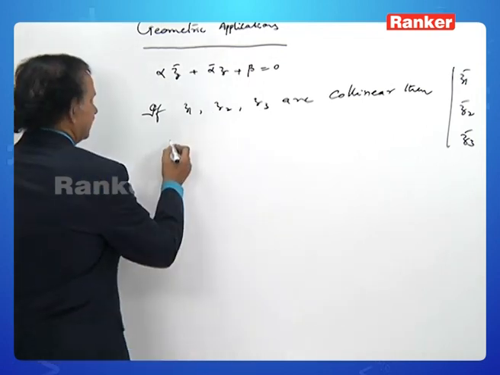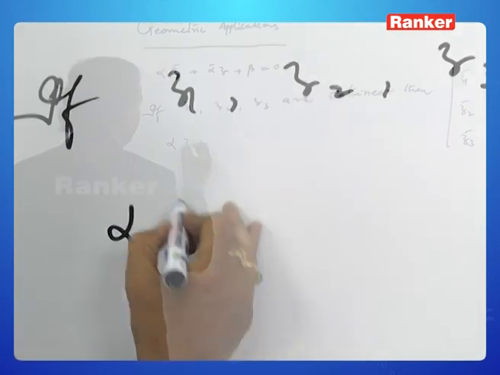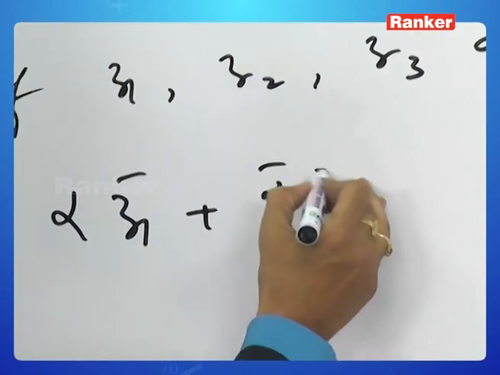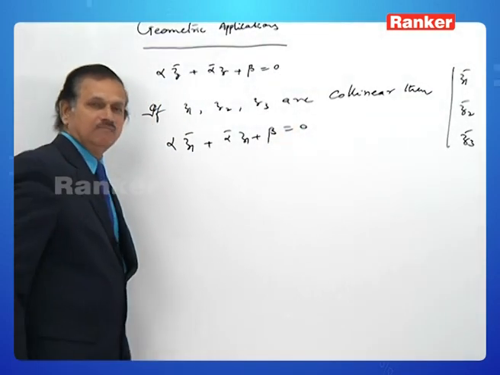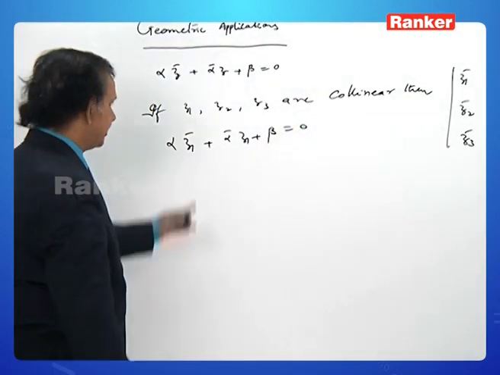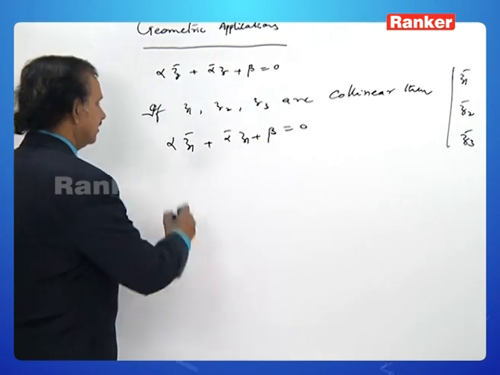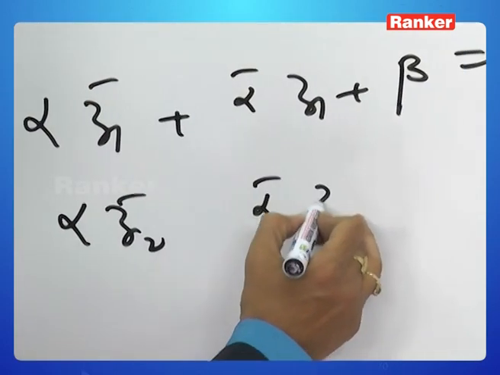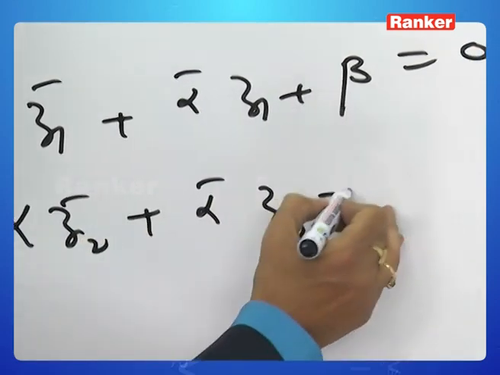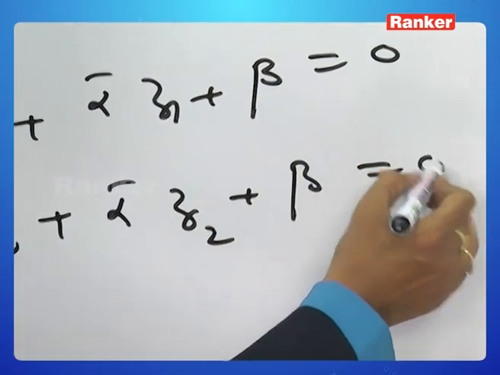What should happen? Alpha Z1 bar plus alpha bar Z1 plus beta is equal to 0, making use of Z1. Z2 also lies on that, that is alpha Z2 bar plus alpha bar Z2 plus beta is equal to 0.